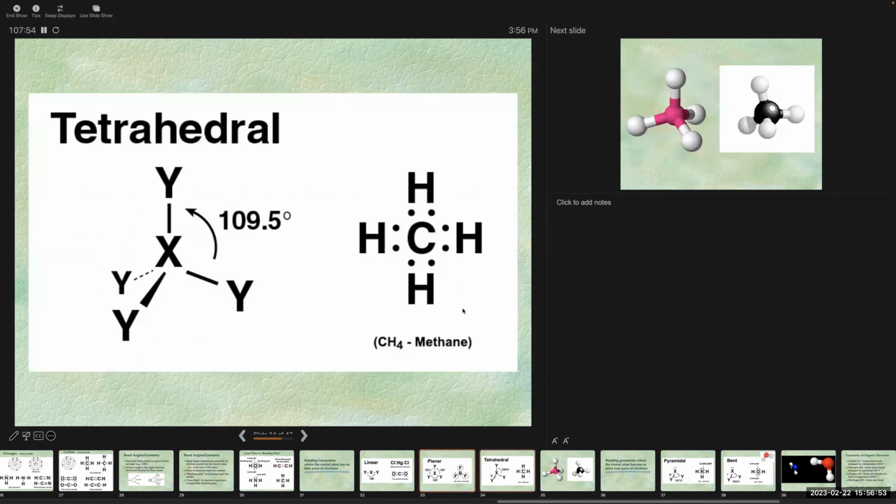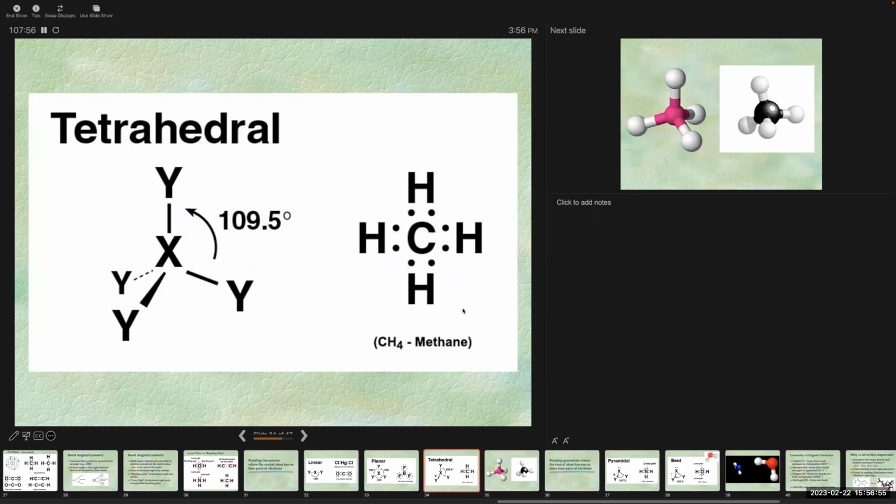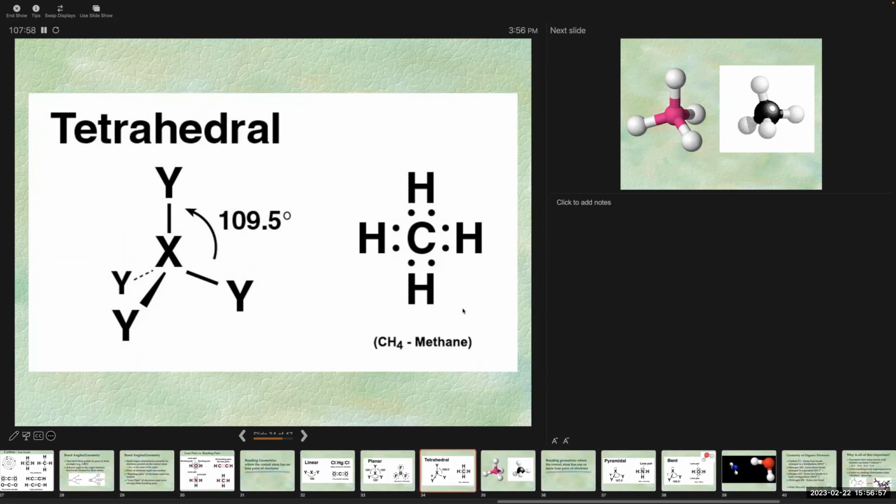Now, the last geometry that I want to talk about, where there are no lone pairs on the central atom, is one of the more difficult ones to visualize, but it's also probably the most important one. Actually, I won't say probably, it is the most important one in biological molecules, and that's this tetrahedral arrangement.